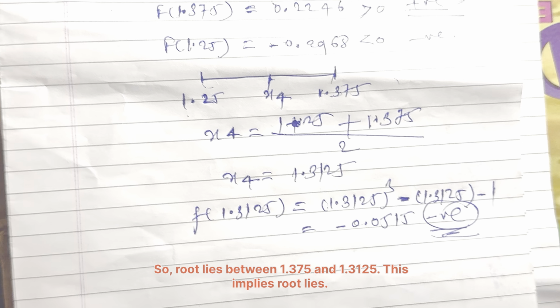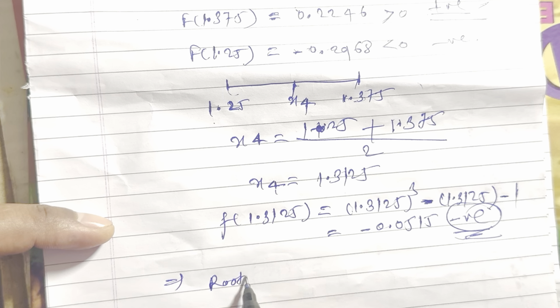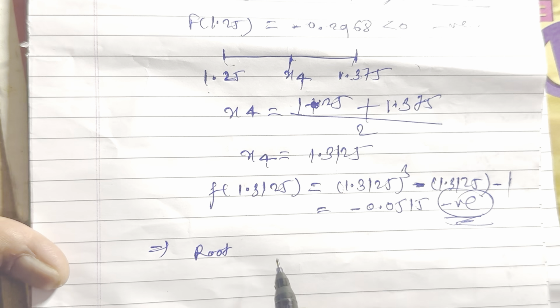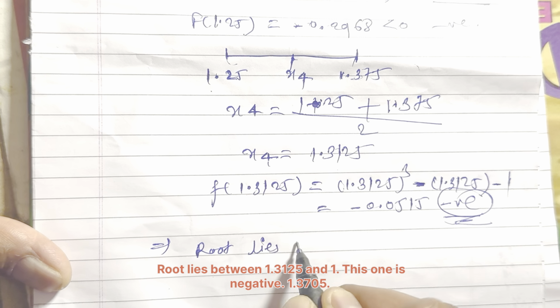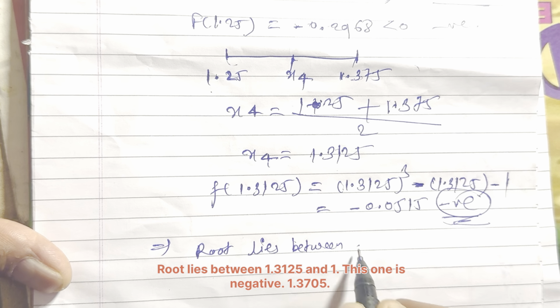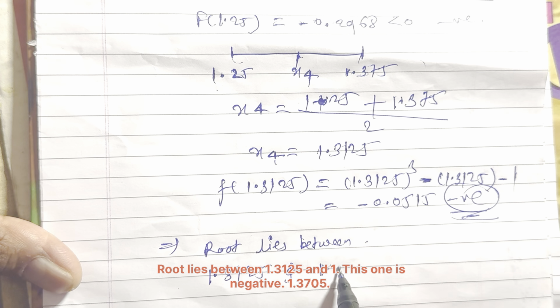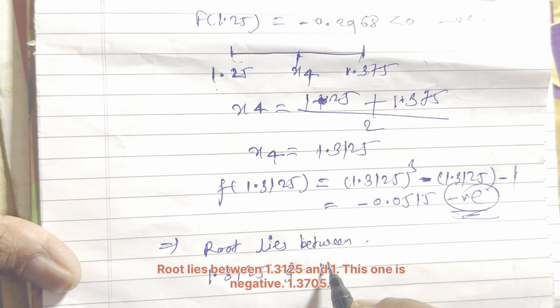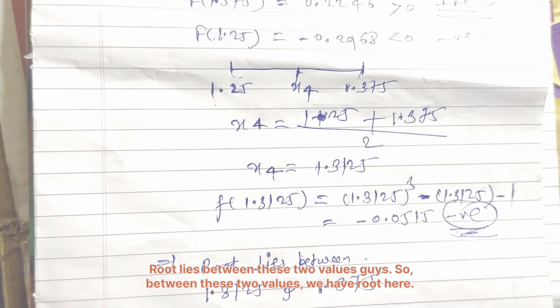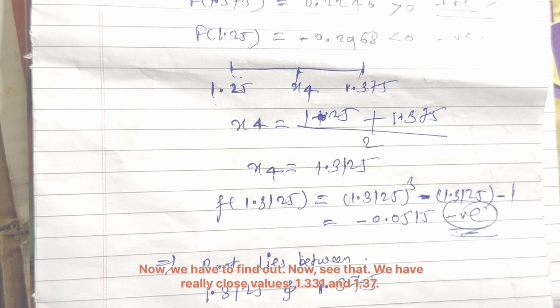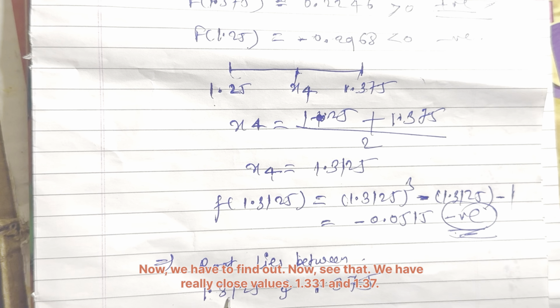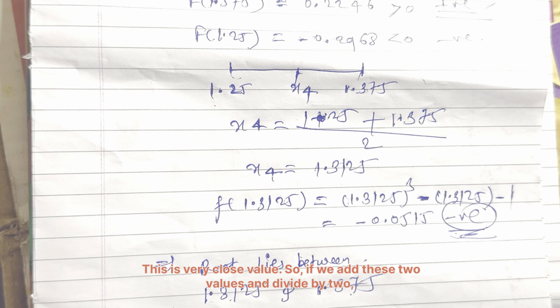This implies the root lies between 1.3125, this one is negative, and 1.375. Root lies between these two values, guys. Now see that we have really close values, 1.3125 and 1.375, very close values.